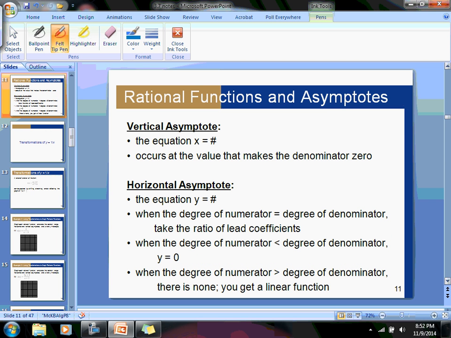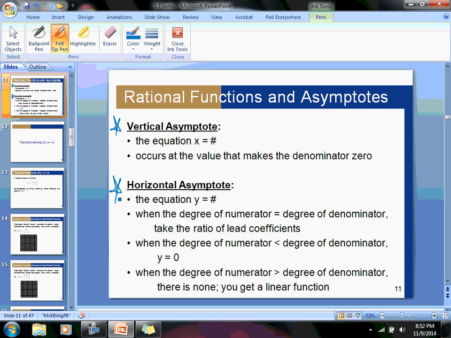Now this slide is really, really important. This information here is a basic summary of all the information that you're going to need to look for and how to do it so that you can graph these graphs. Okay? The vertical asymptote is always going to be some equation. It's going to be x equals some number. That's the equation for any type of vertical line.